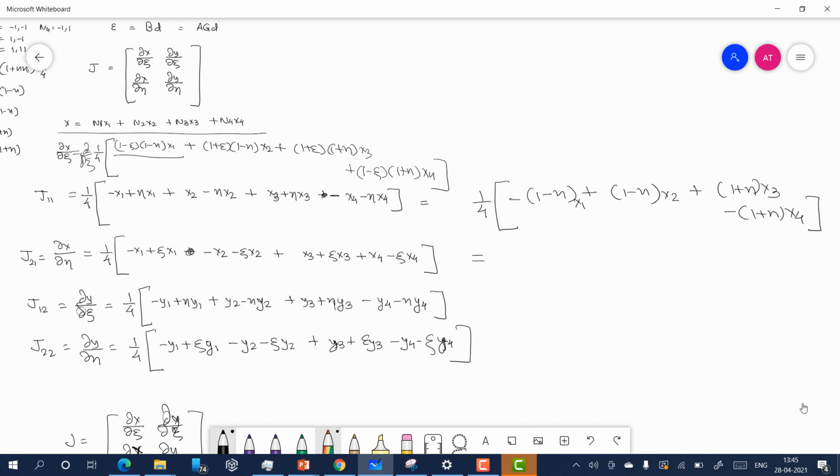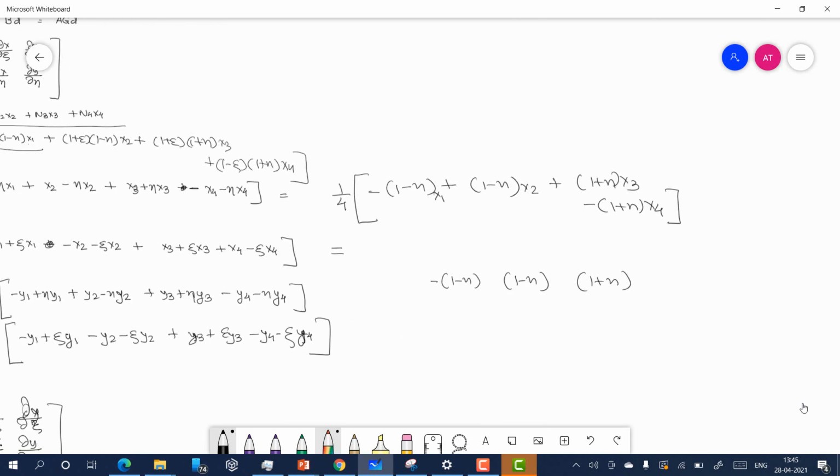Right? So what can I do? I can write it in terms of 4 components which are multiplied in the rows and columns ways. So I can write it as 1 minus eta, 1 minus eta, 1 plus eta, and minus 1 plus eta into x1, x2, x3, and x4.